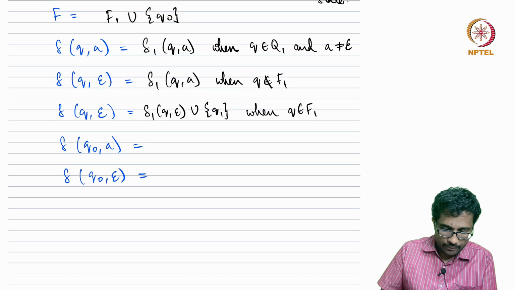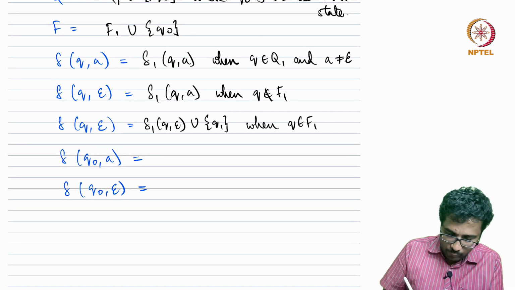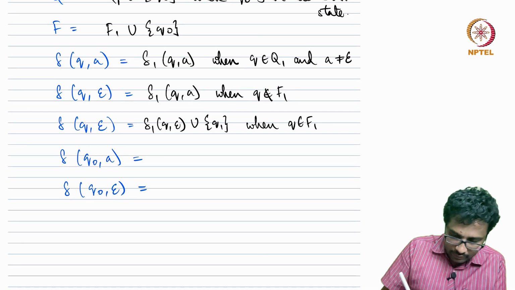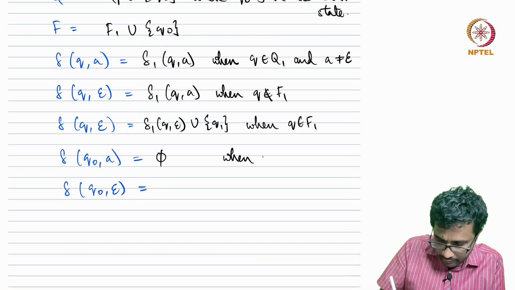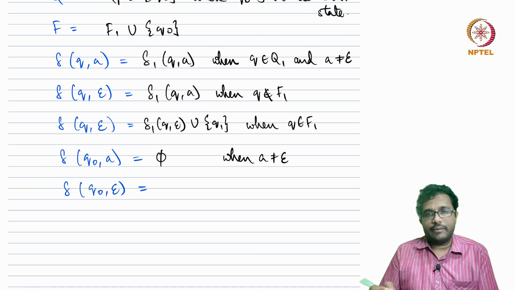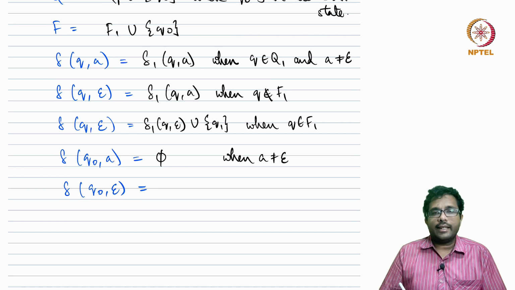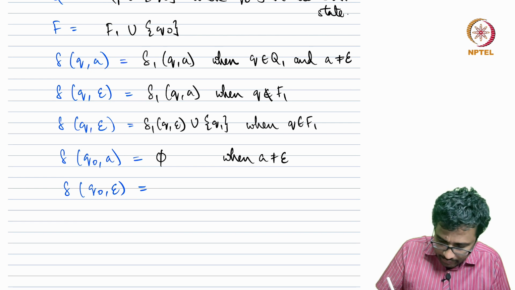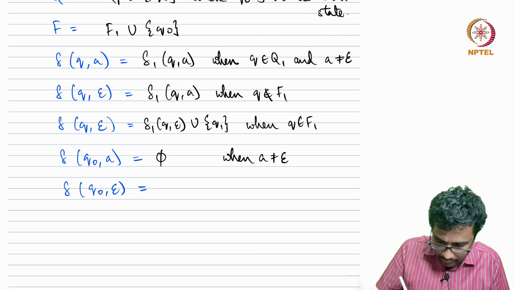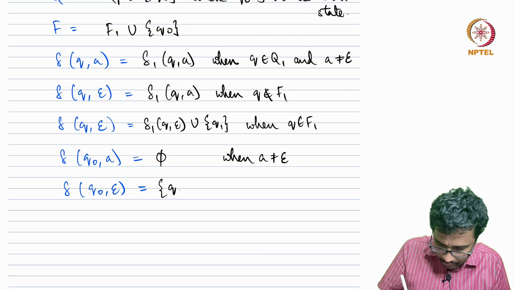So that's also very simple. What is delta of q0, a? This is actually the empty set when a is not epsilon, because the only transition that is there is the epsilon transition, and when a is epsilon, it is nothing but the set q1.